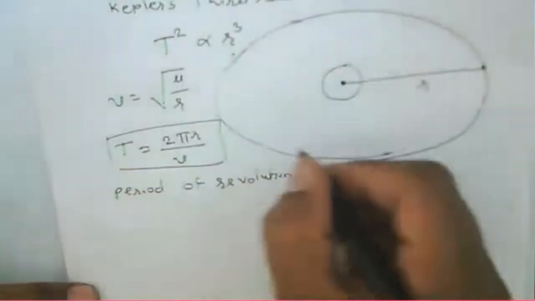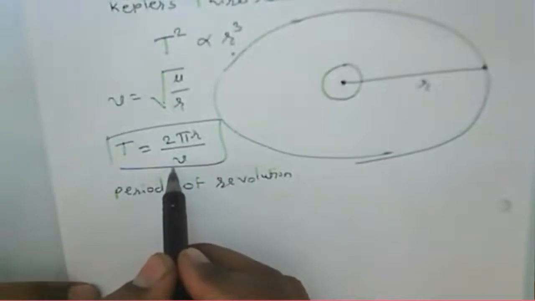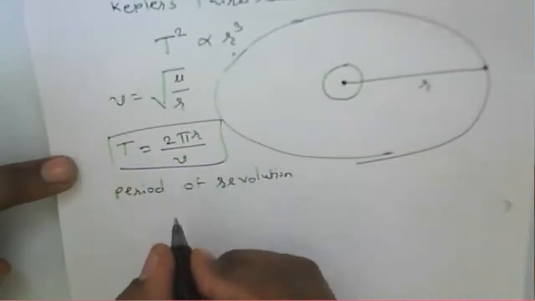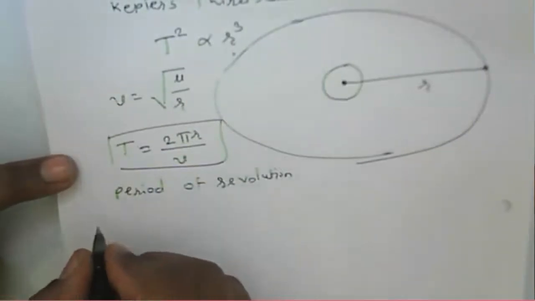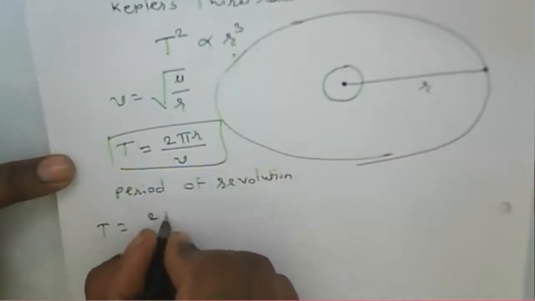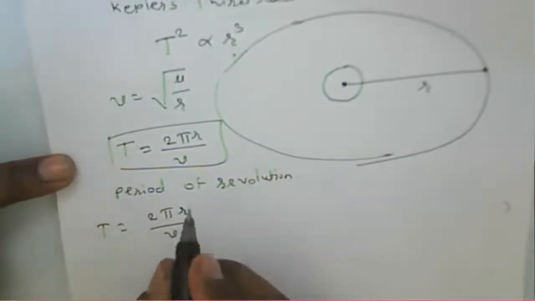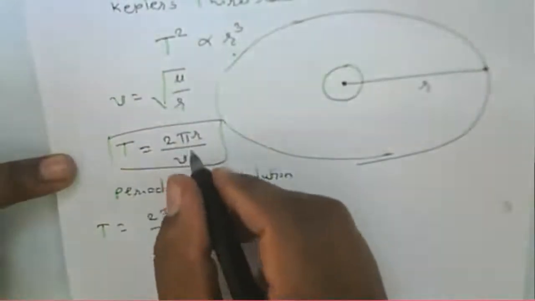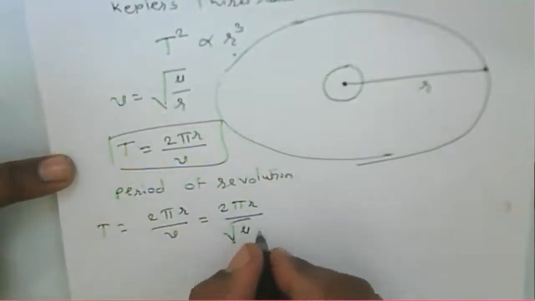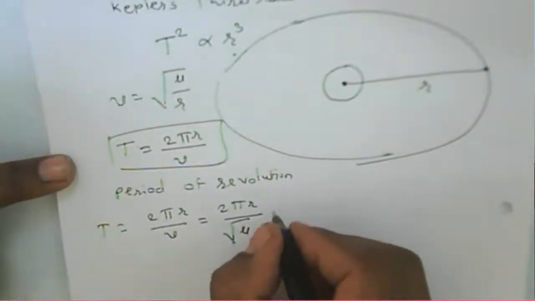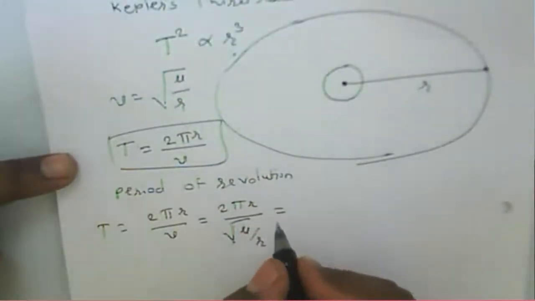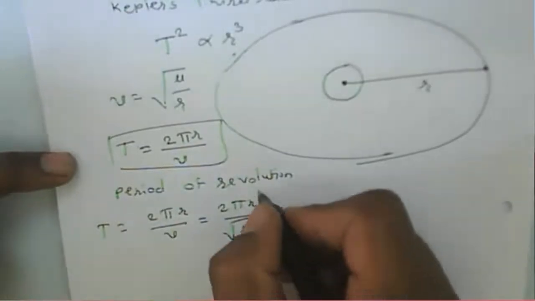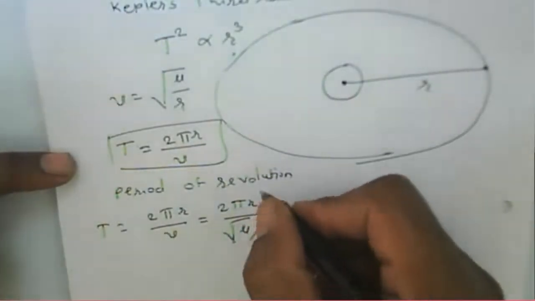Now T that we calculate is 2πr, where 2πr is the circumference of this particular orbit, and v is the velocity of the satellite in the given orbit. Now if we rewrite this equation, we can substitute v using the earlier equation, which gives the square root of μ by r.